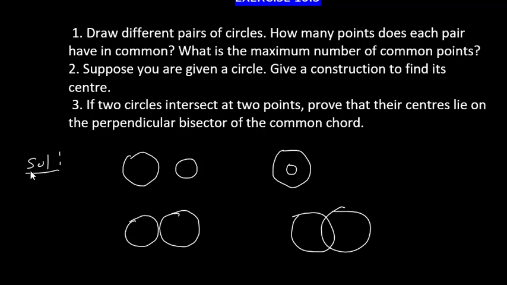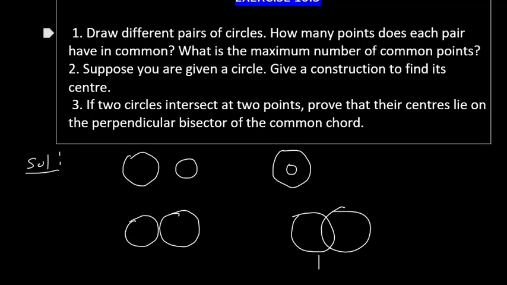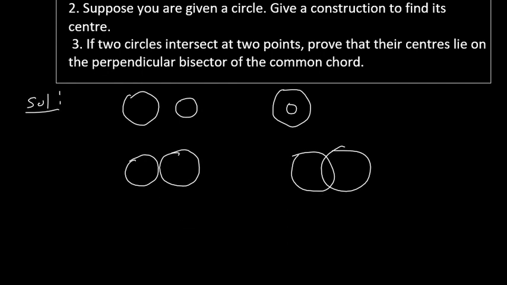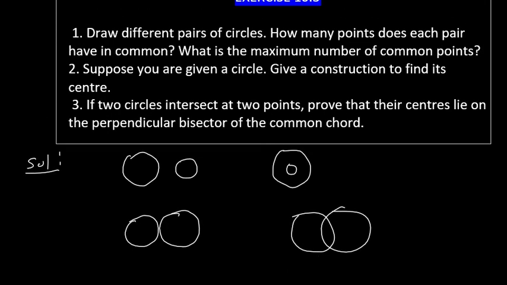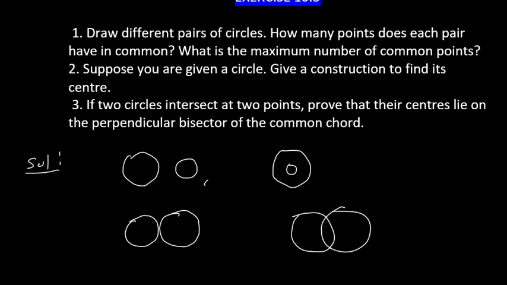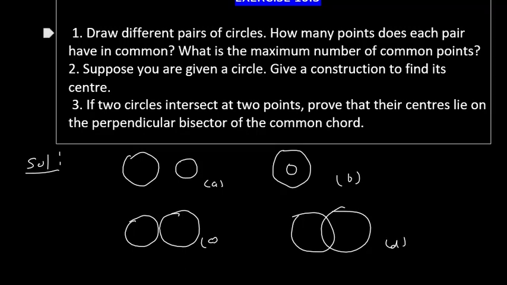So any other kind of circle you can draw. So this is figure A, this is B, this is C, and this is D. How many points does each pair have in common?